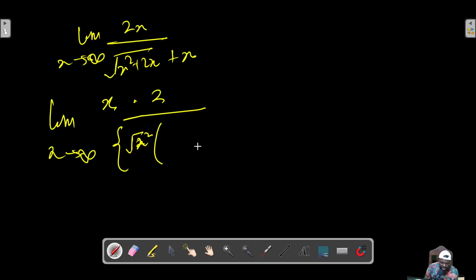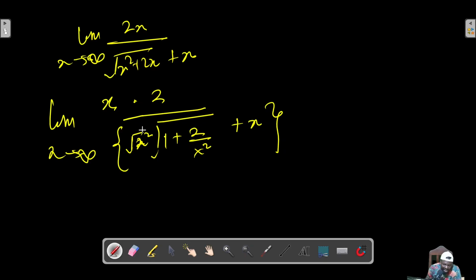I want to rewrite it well. The square root of 1 plus 2 on x squared. Now, the second one is x. As simple as that. Now, this is the absolute value of x, but since we are dealing with a positive infinity, I can write this as x. Root of x squared is x.